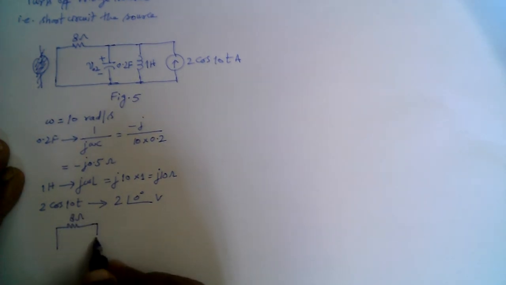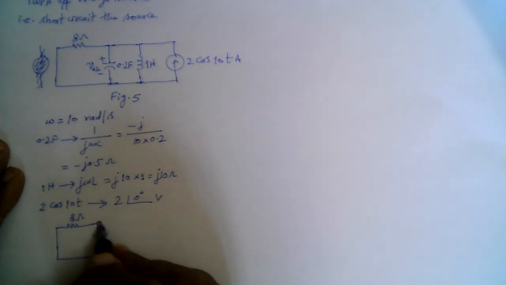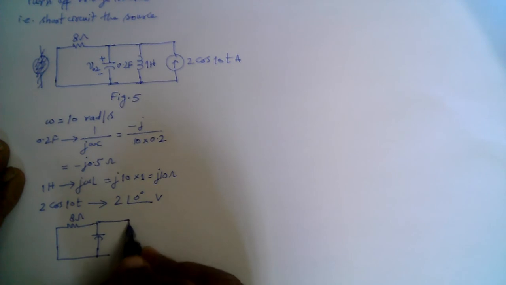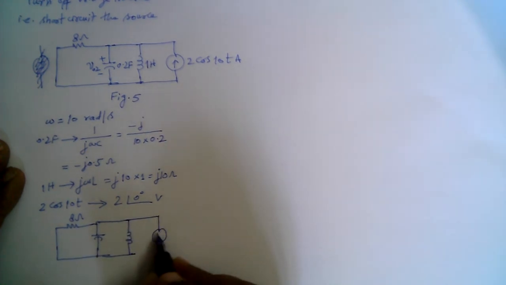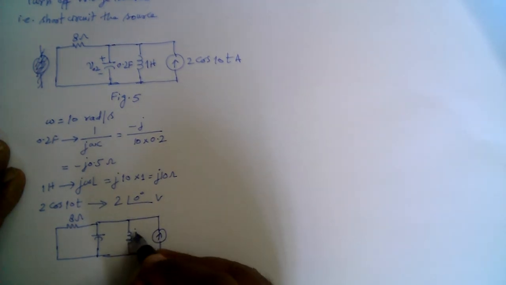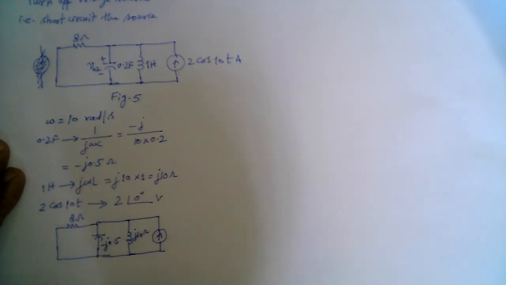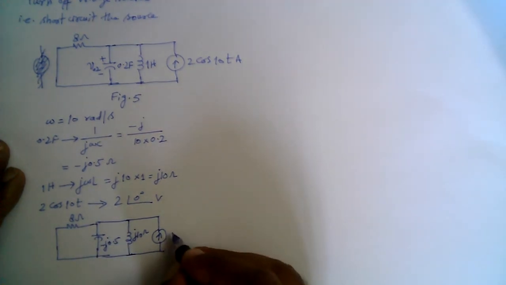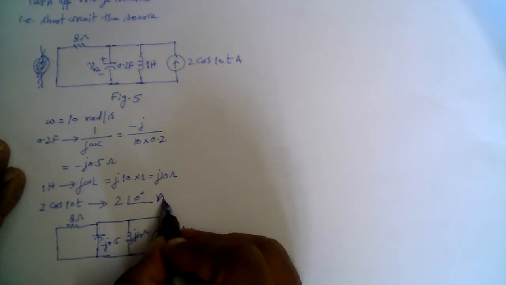And we have the capacitor, then the inductor, and then the current source. So this is j10 ohm now, this is minus j0.5, and this is 2 angle 0 degrees amperes. Sorry, this is amperes, not volts here.